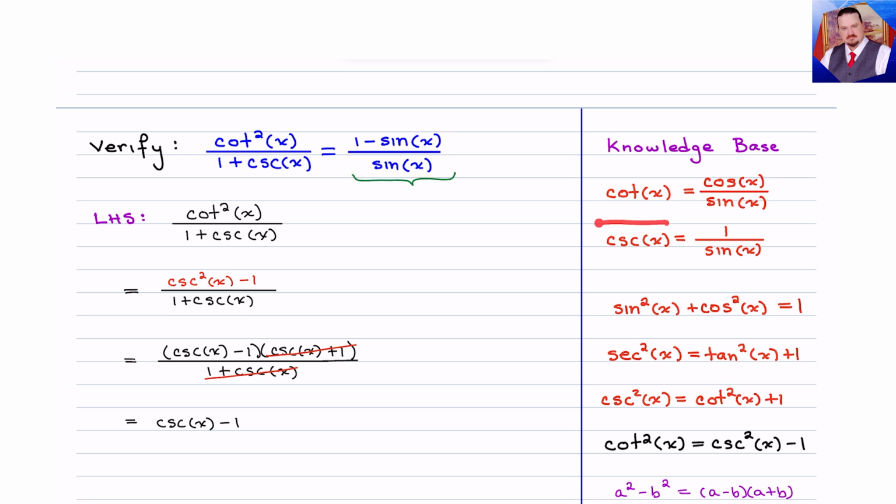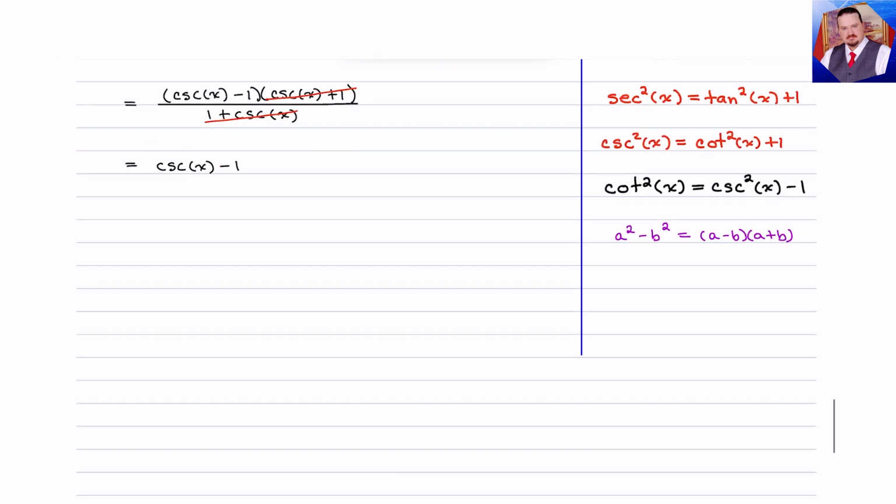So what we need to do is use our knowledge that cosecant is 1 over sine, put that in. So let's do that. So what is cosecant of x? It's 1 over sine x minus 1. And how do we add fractions? Common denominator.